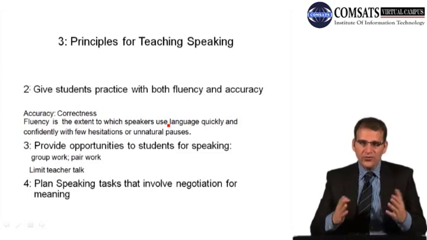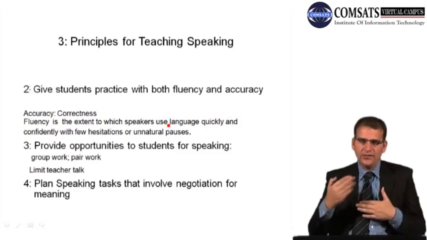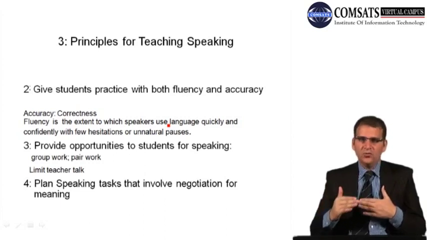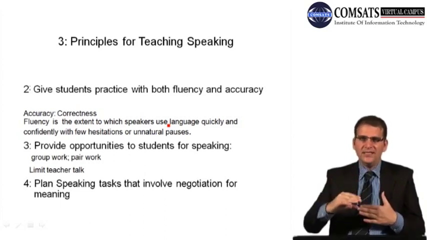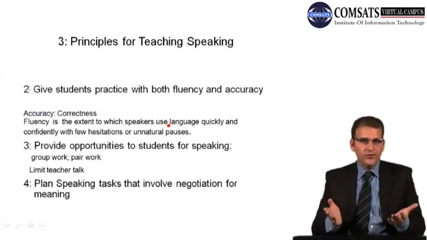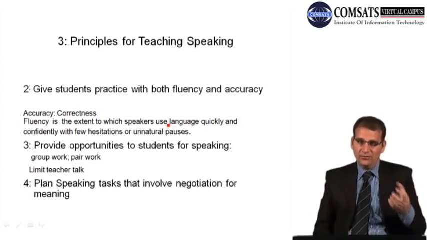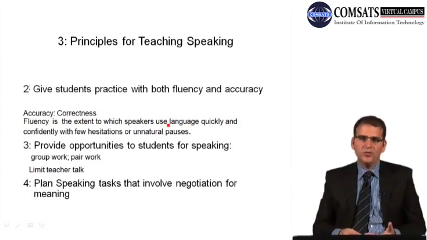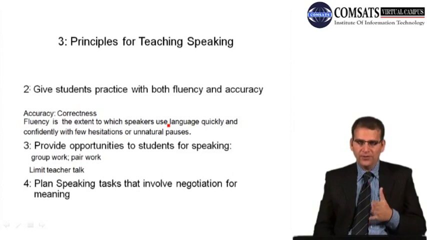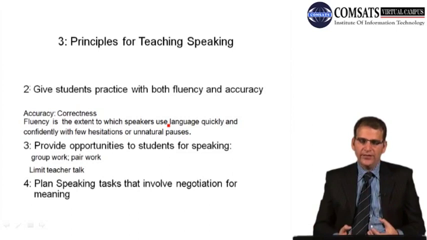So what we can do, my dear students, is that initially, maybe for the first 2 months, you let the speaker be fluent. Once he has achieved fluency at a certain level, then you can help him with accuracy. So in speaking, we cannot ignore fluency or accuracy. Both are important.